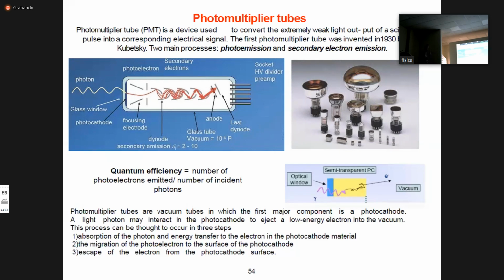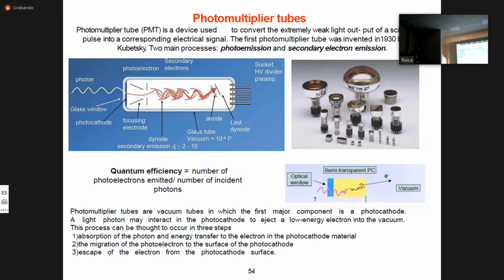And how it works: you have a tube. It's vacuum sealed. There is vacuum inside, and you have a photon, which is a light photon, which was created in a scintillation detector. You have, of course, a lot of them, but let's move to the simplest way: just one photon.